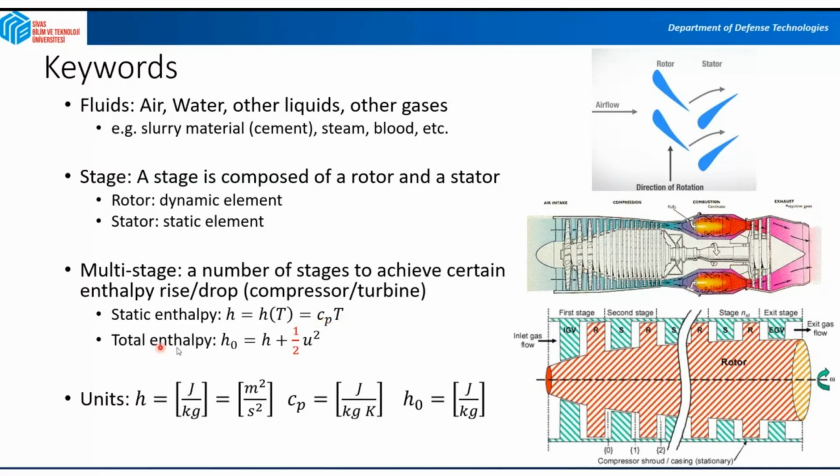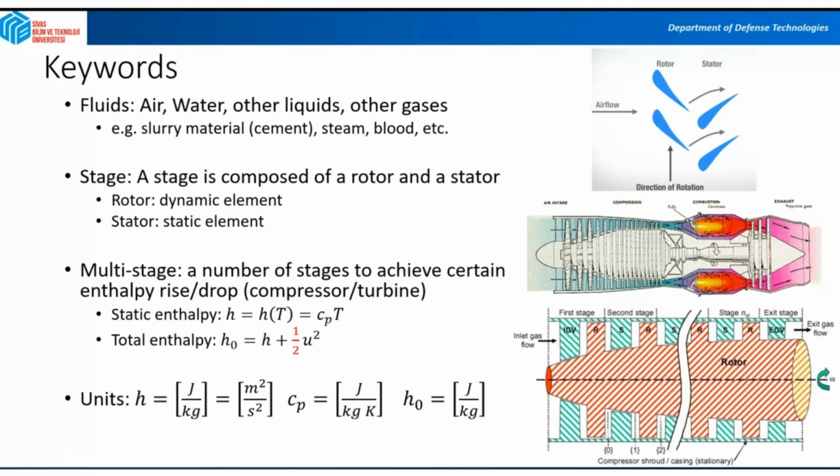And if you remember, you had a total enthalpy H0, which is your enthalpy plus the kinetic energy. So 1 over 2 U squared is actually your kinetic energy per unit mass.